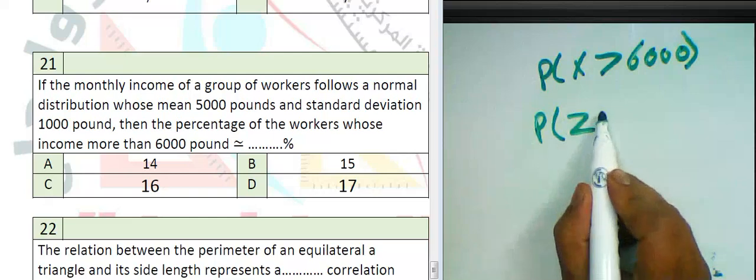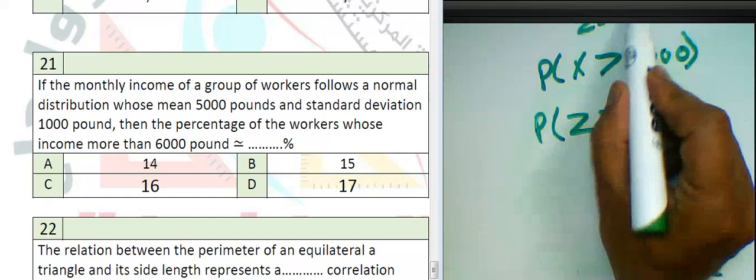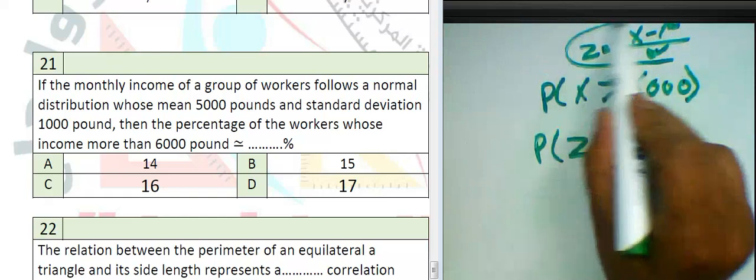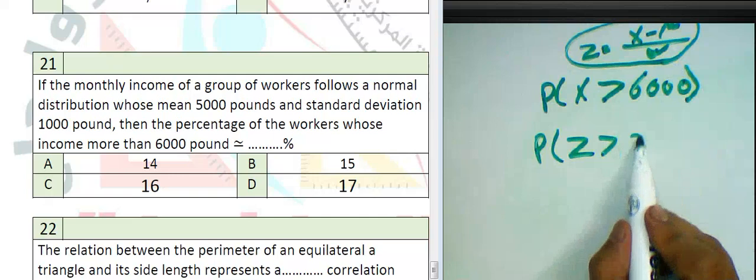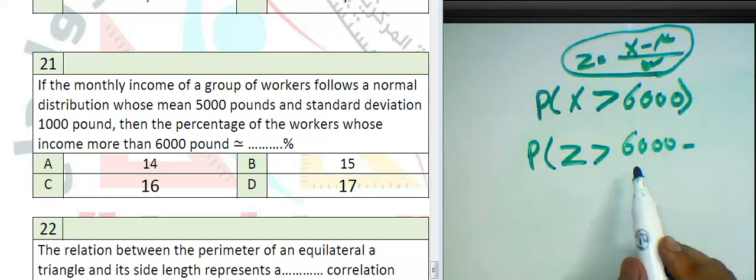Here, z greater than... we know z equals x subtract mu over sigma. We can write here 6,000 subtract mu. He gives us mu here.